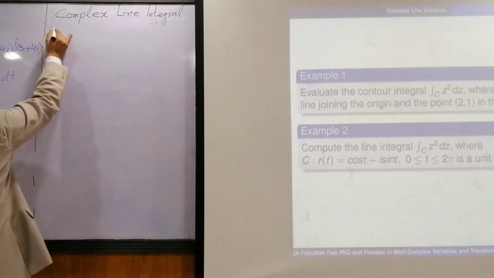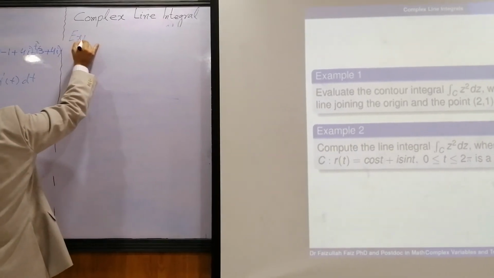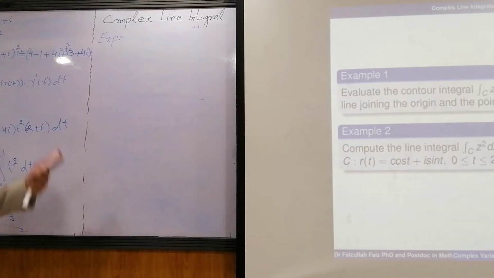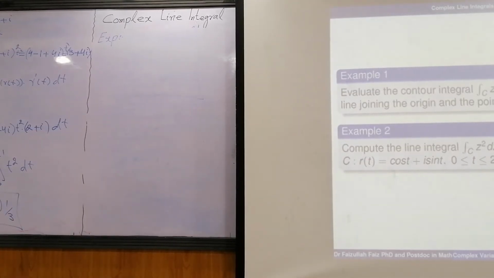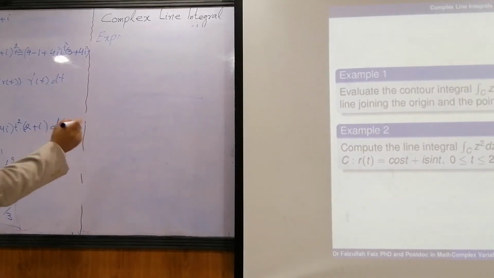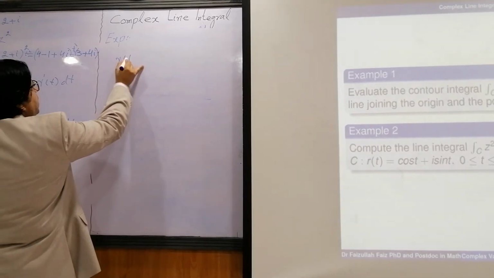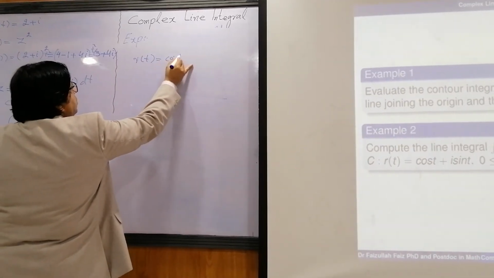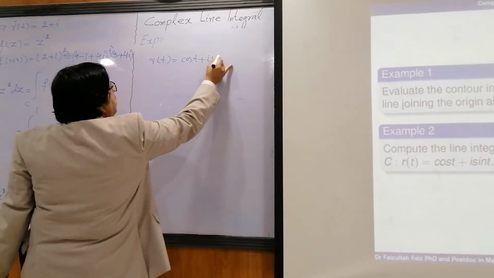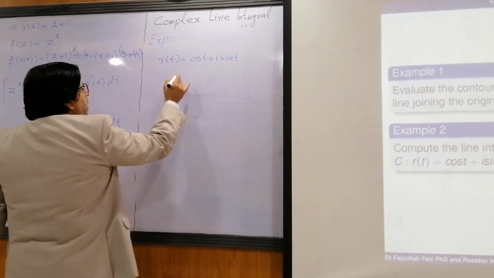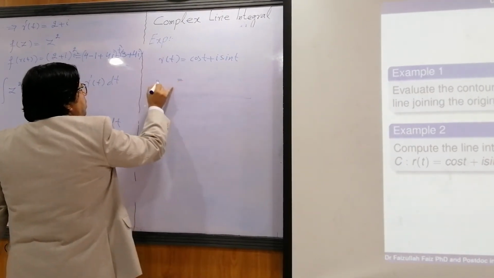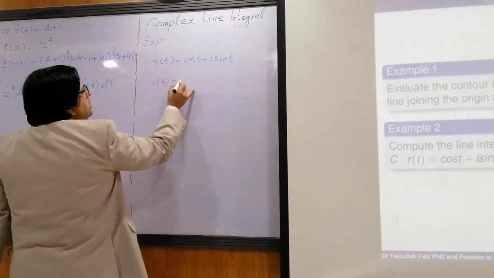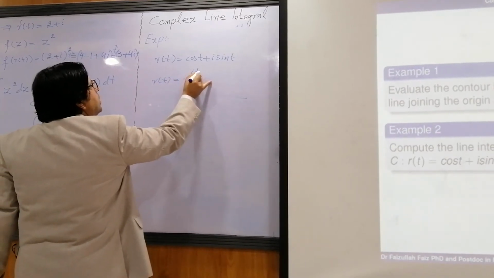Now, in this example, we are already given the parametric form. So let us use that method, and we have r of t equal to cos t plus iota sin t. By the Euler equation, we can write that this is equal to e power iota t.